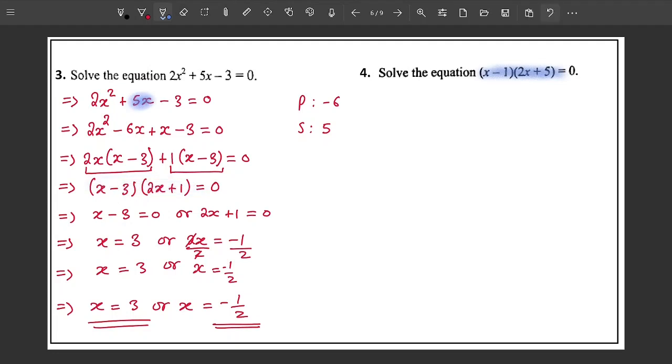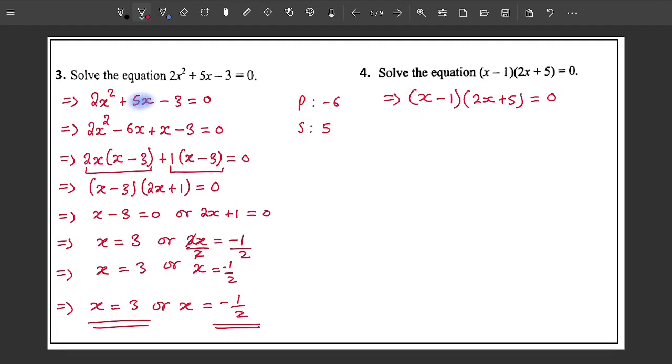What you are just going to do is pick it from there. You say, okay, this implies that open brackets x minus 1, open brackets 2x plus 5 is equal to 0. So you pick it from there.